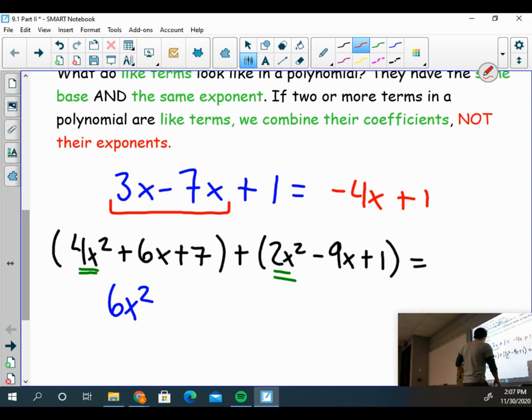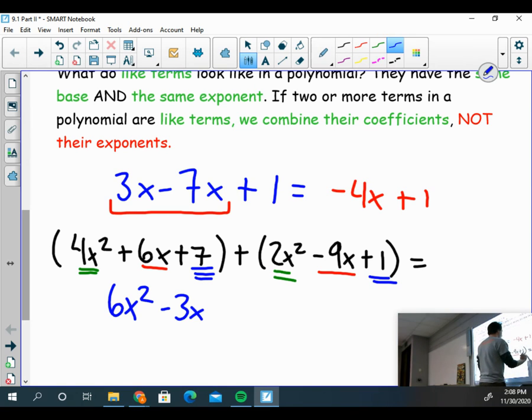Okay, so now let's move on to my 6x, see if I can find a like term. I notice the minus 9x, same base, same exponent, x to the first power. 6 minus 9 would be negative 3x. And then finally, I notice I have two constants. I have the 7 and I have the 1.